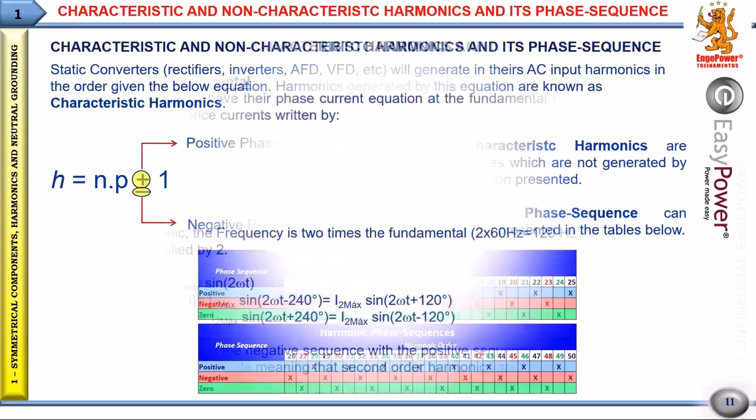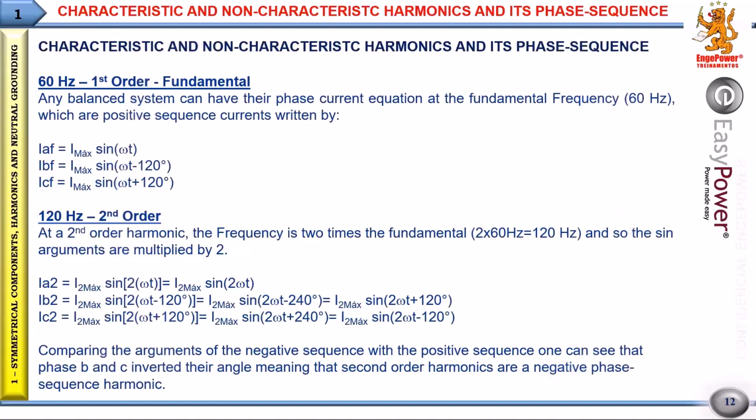But another way to reach the harmonic order is by proving it, just like shown here. For a balanced system at the fundamental frequency, the current will be Imax sine of omega t.